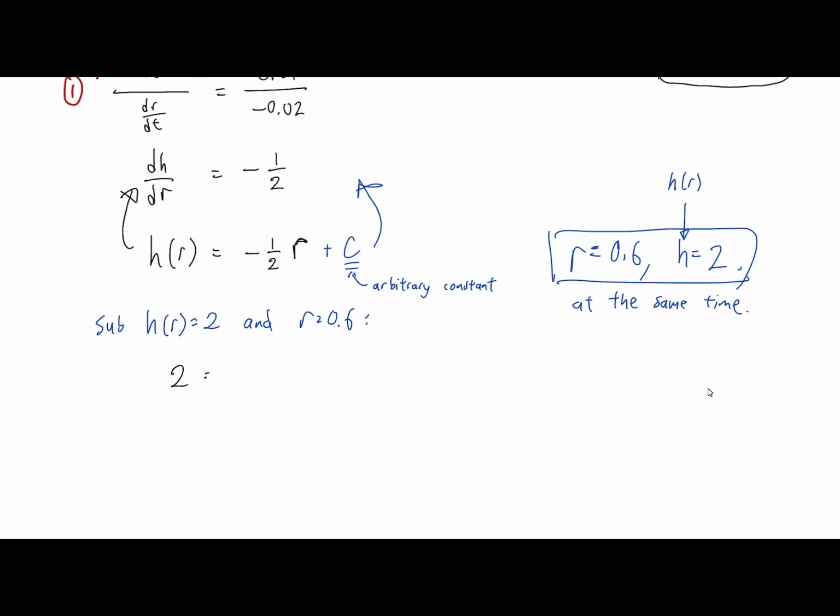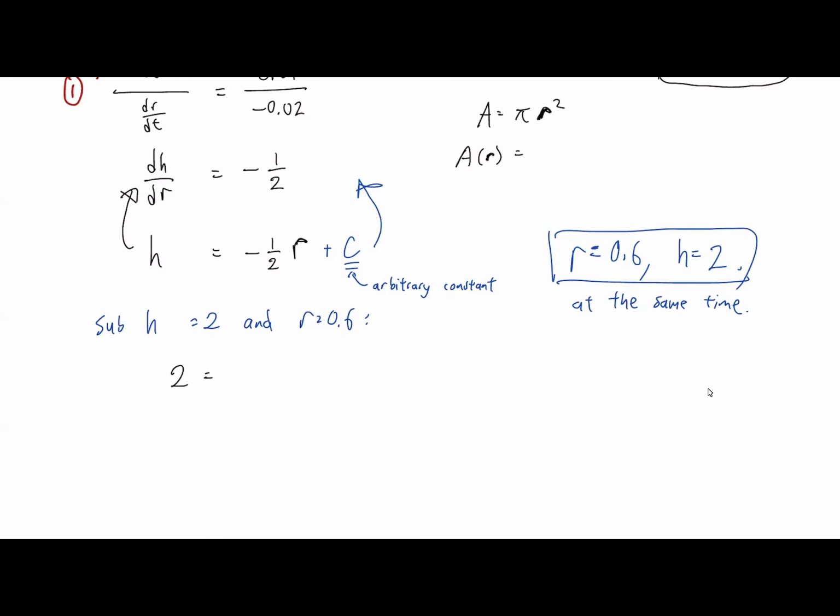Maybe I don't need to say h of r. It's a bit confusing. I'll just call it h. Is that okay? It's a bit like how you have A equals pi r squared. A will now be a function of r, because you change the value of r, the radius of a circle. Pi r squared is the area of a circle, and r being the radius.